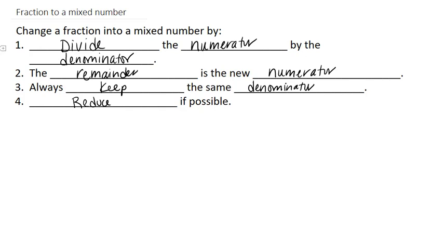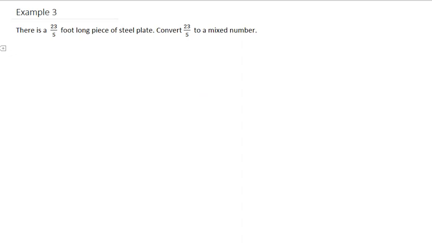So let's do an example. Example 3. There is a 23/5 foot long piece of steel plate. Convert 23/5 to a mixed number. Our first step is to divide the numerator by the denominator.